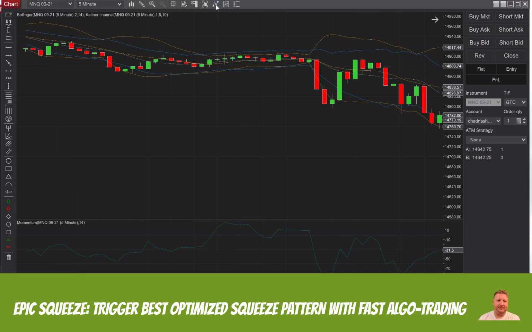As I said, this setup is based on three additional indicators that you don't necessarily need to understand, but they are part of what creates the squeeze. Again, there's lots of different videos on this, so look up TTM Squeeze or Bollinger Squeeze, and look up Simpler Trading.